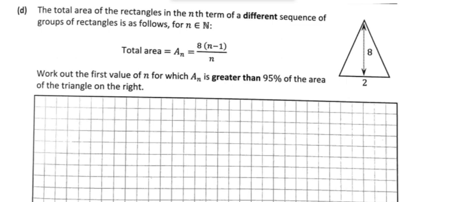Right, so for part D anyway, we can come up with an inequality, because that is the total area, 8 times n minus 1 all over n needs to be greater than 95% of it. So you do 16 multiplied by 95% on the calculator.